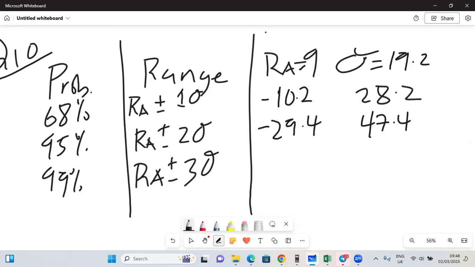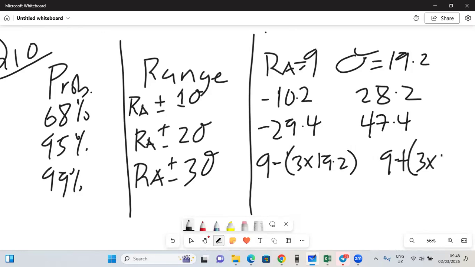It is going to be, first one is going to be 9 minus, in brackets, 3 times the standard deviation, 3 times the 19.2. And then here it is going to be 9 plus 3 times 19.2.